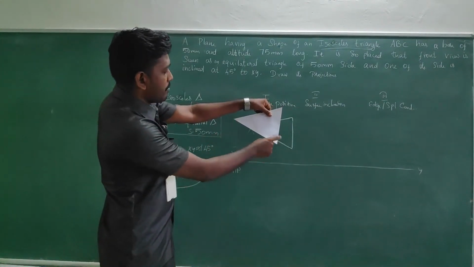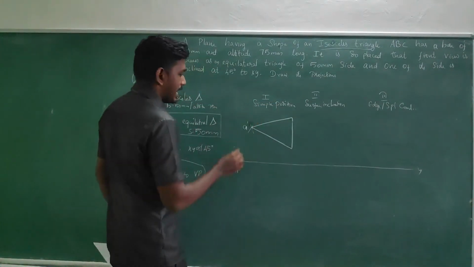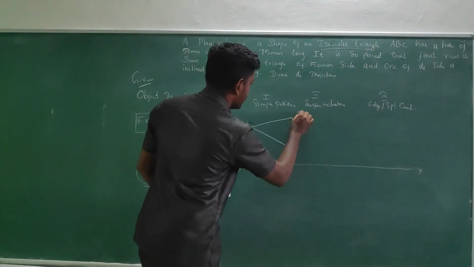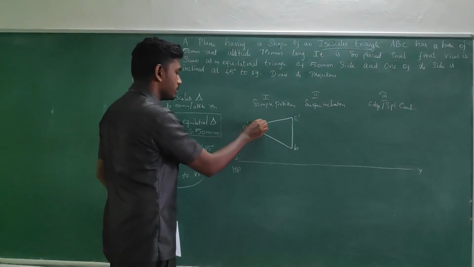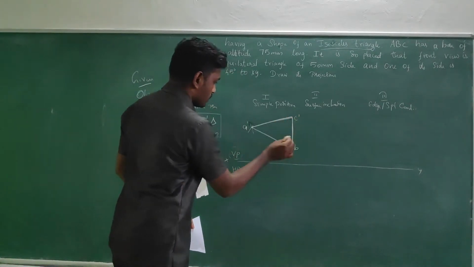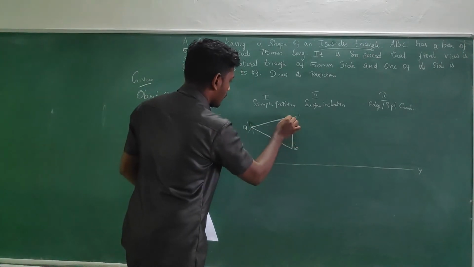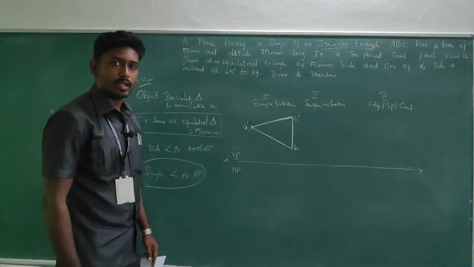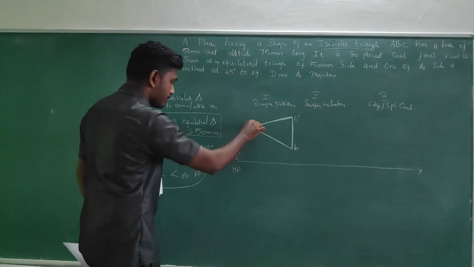I'm going to take this as A, B and this as C. So here comes in the front view A dash, B dash and C dash. Make it a dark line. Okay. What is next? For this case, we want to get the top view. It is an easy one.